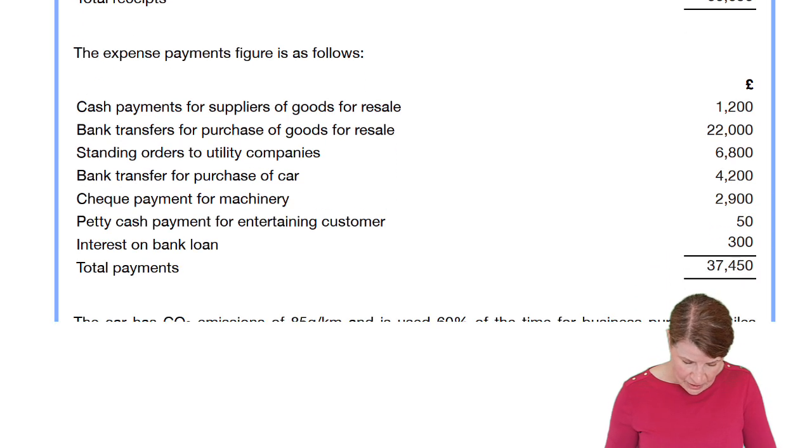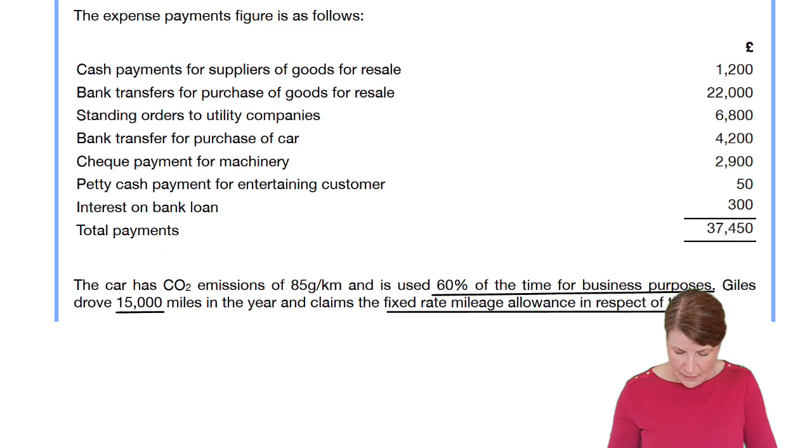Now, looking at the expenses, we need to see whether we need to add back any of these expenses. So we've got cash payments for suppliers for goods for resale. That's fine. Bank transfers for purchase of goods for resale. That's fine as well. Standing orders to utility companies, gas, water, etc. Fine.